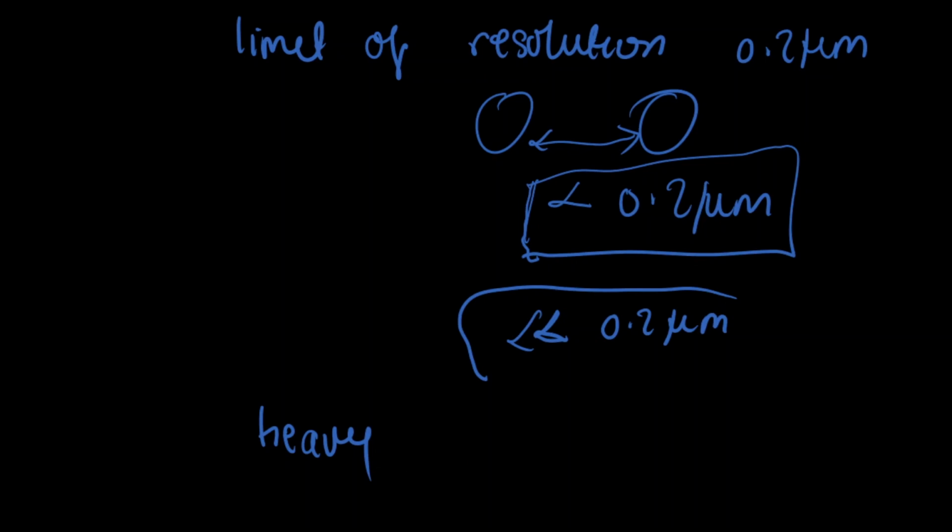This is because they help to scatter the electron beam and so can produce an illustration of electron dense areas and areas that are less electron dense. So in summary, the electron microscope is necessary for the observation of very tiny structural details.